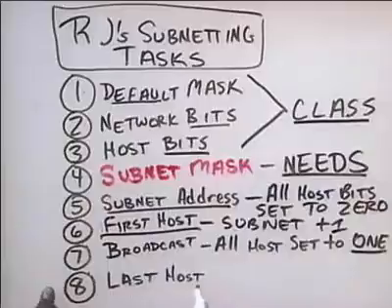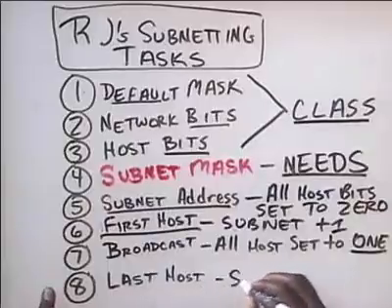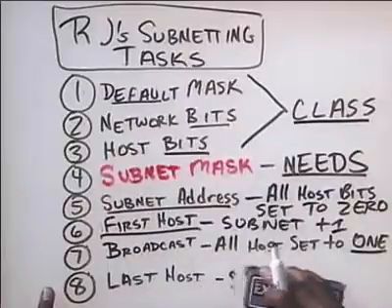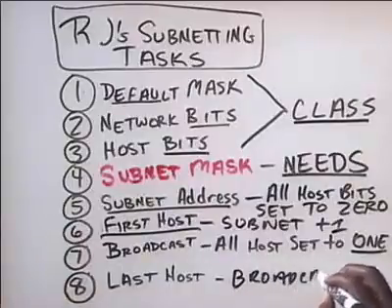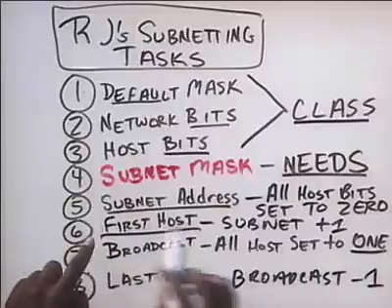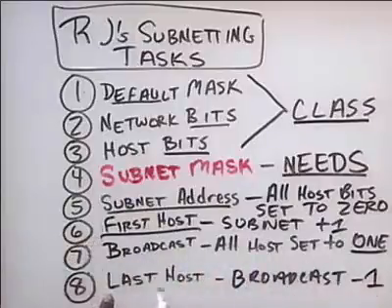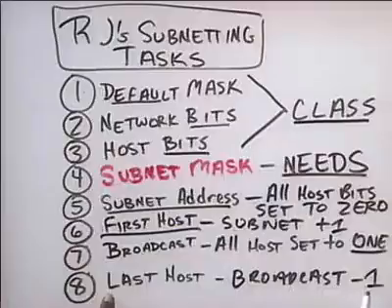And then the last host address would be the broadcast minus 1. So notice the first host was the subnet plus 1. The last host is the broadcast address minus 1.